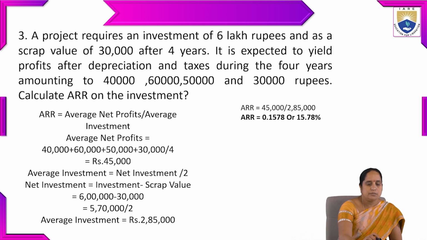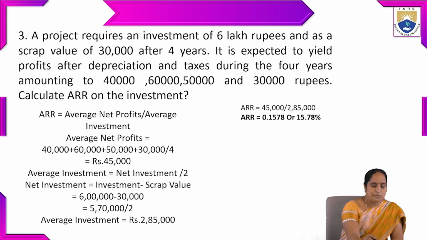So ARR is computed by the formula: average net profits by average investment. Average net profits can be derived by taking the total of all the net profits divided by number of years. So average net profit is 45,000, whereas average investment is net investment by 2. How can we find out the net investment?